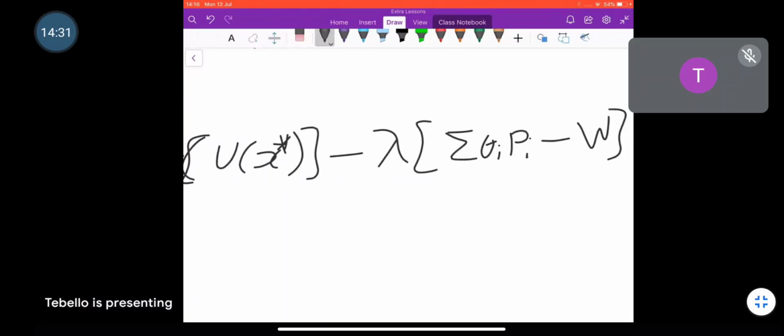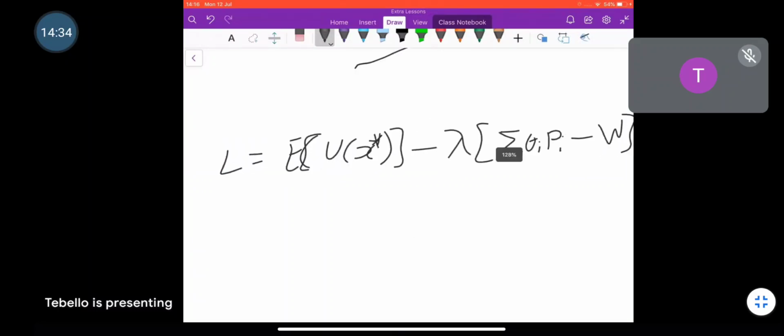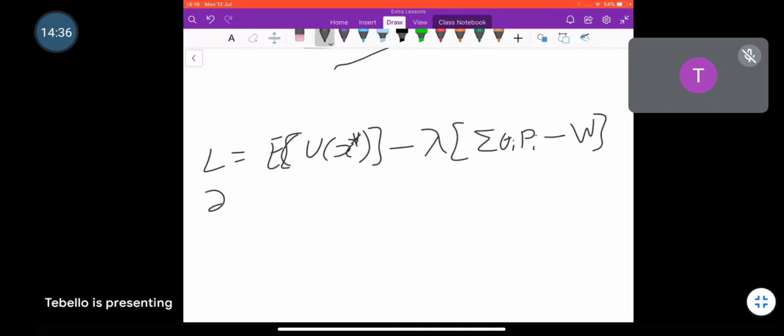So the first derivative of L in terms of what? In terms of x? No, not in terms of x. In terms of theta i equals 0. So your answer for this is going to be this. You are going to have the expectation of, and then you use the chain rule, right?